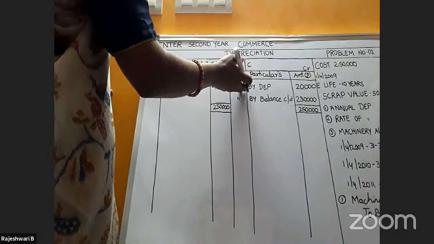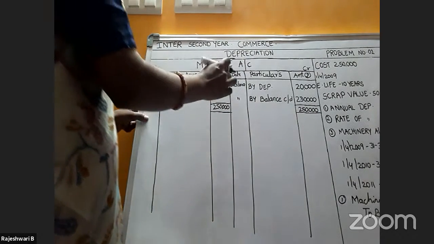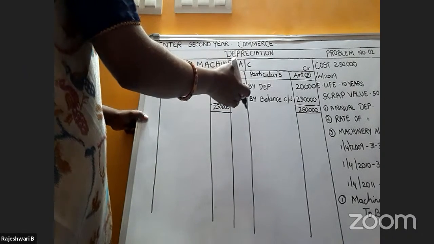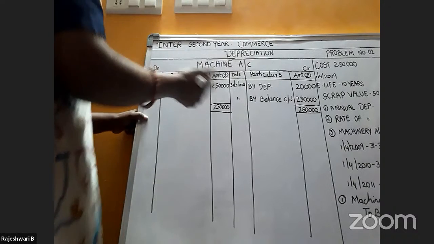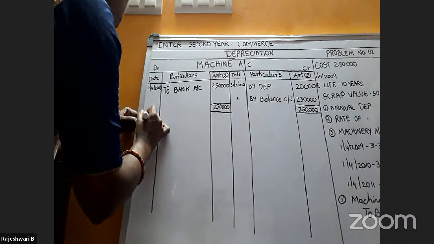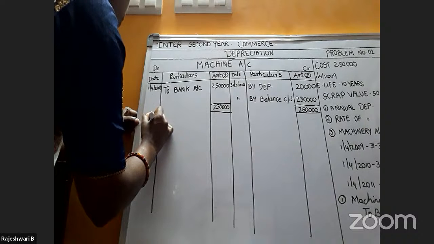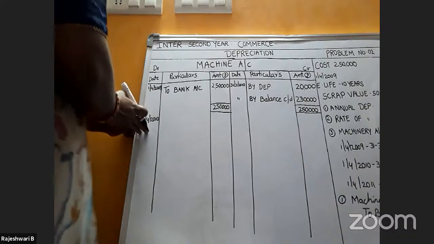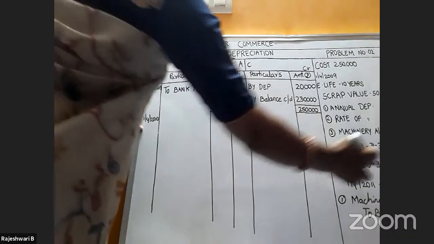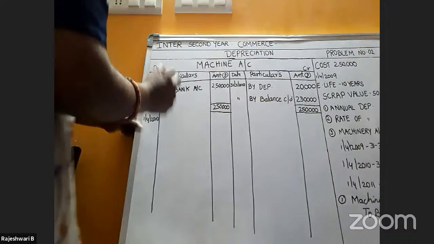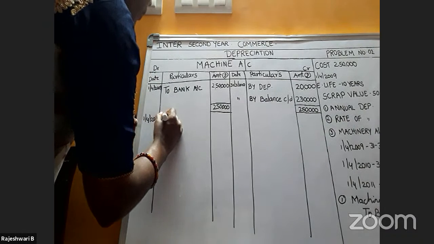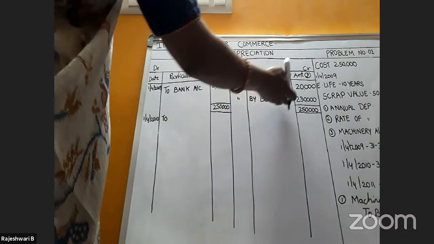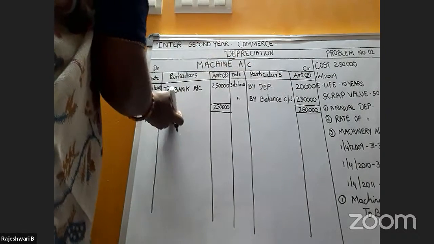31/3/2010. Here we have to take tomorrow's date, 1/4/2010. Financial year 1/4/2010 to 31/3/2011. The balance carried down last year becomes the balance brought down for next year.